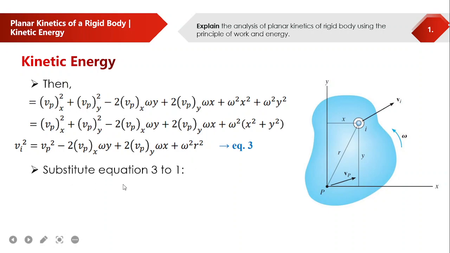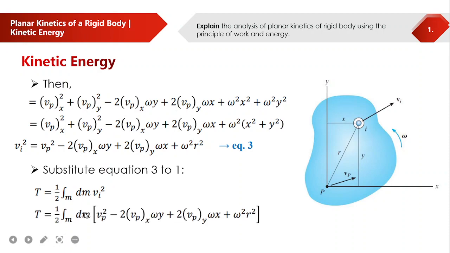So, let's just substitute this one into our kinetic energy formula, which is equation 1. So, from this one to this one. Diba? So, sinubstitute lang natin yung value ng v sub i squared natin.